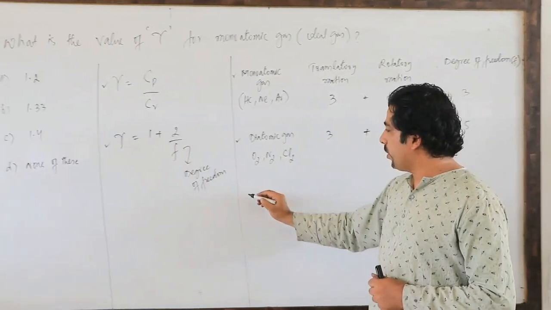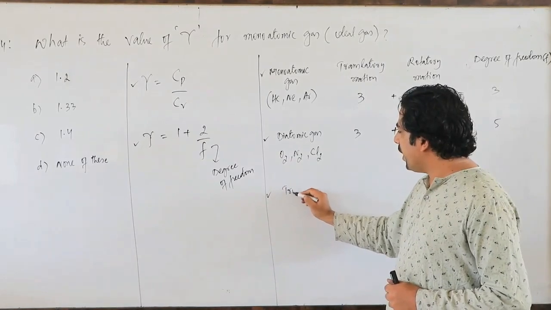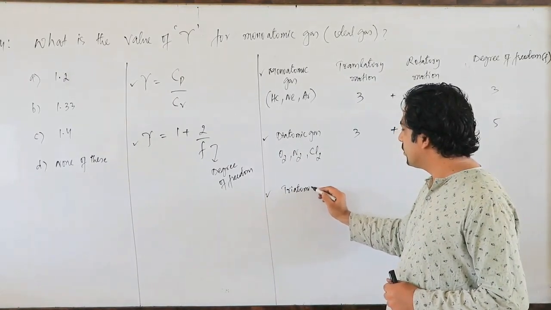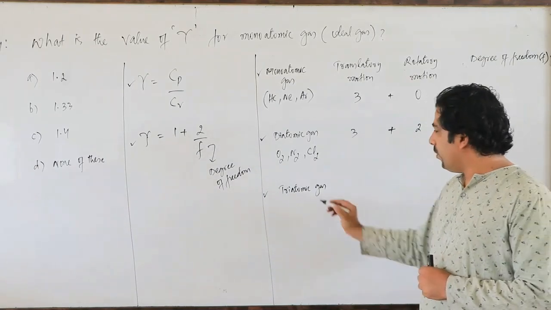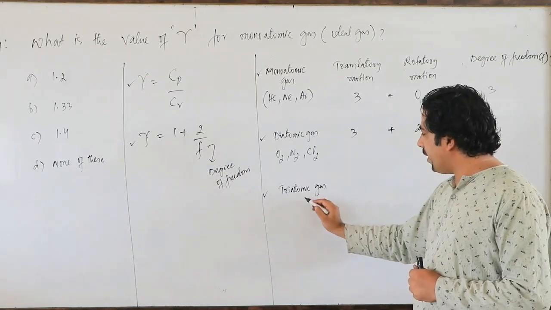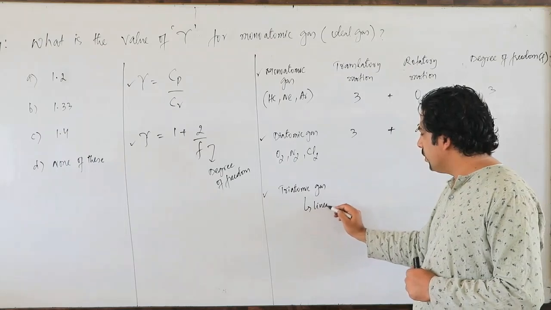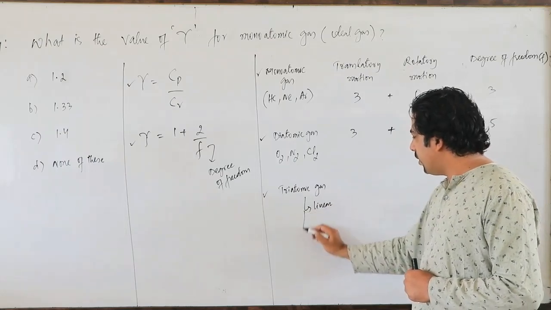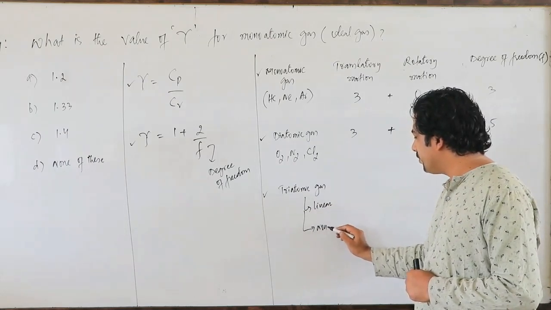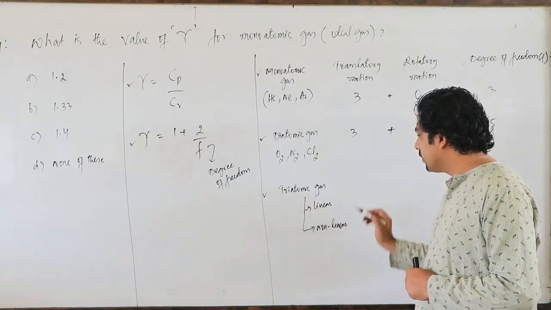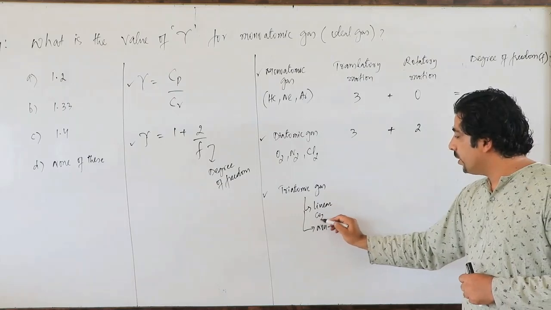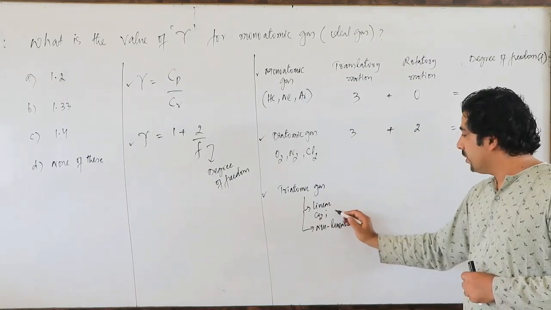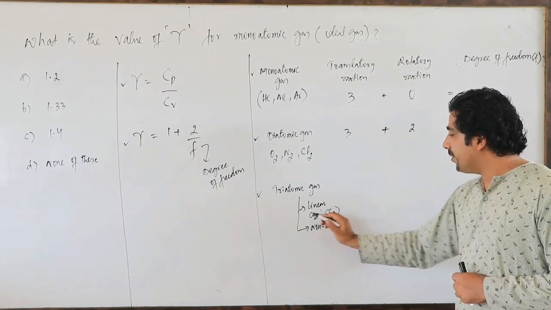Now let us talk about triatomic gases. In this triatomic gas you can have linear gas or you can have non-linear. If you have a linear gas, let's suppose, carbon dioxide is linear, carbon disulfide is linear.